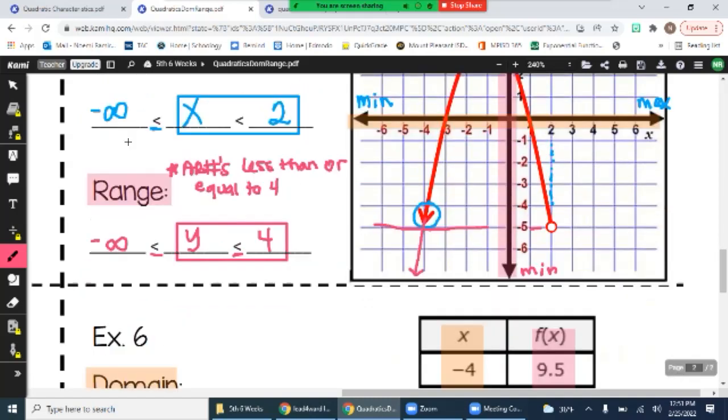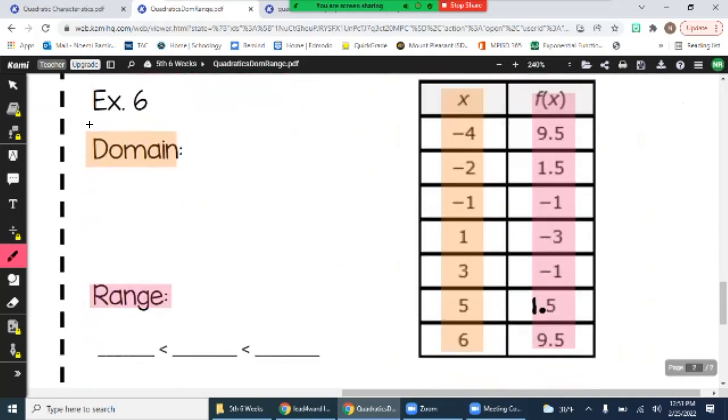Okay. Tables. These are the ones that are just a little bit harder to understand. First things first, if you come across a table, your domain will always be all real numbers.